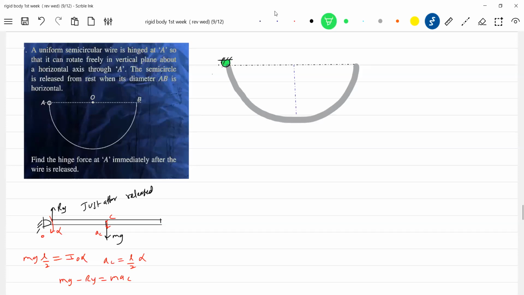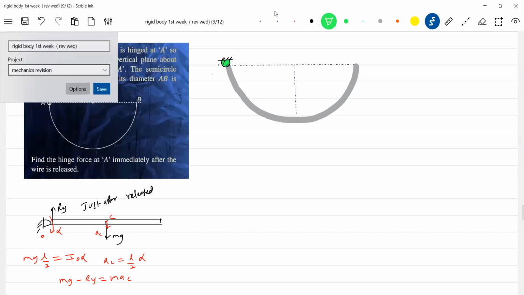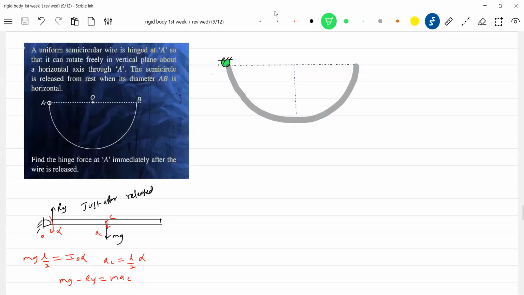Just try to think once, then I'll come in. The center of mass of the wire, we must have some basics. So in the exam you can't find out the center of mass of the semicircular wire.